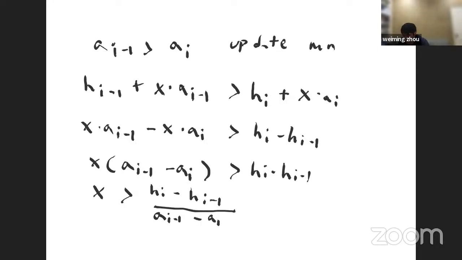So with some algebra, we can update mn with this value. Or I guess it'd be this value plus 1, since we know that the answer cannot be lower than this value. And then something similar applies for the maximum.